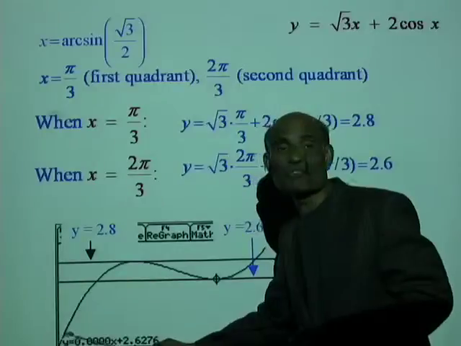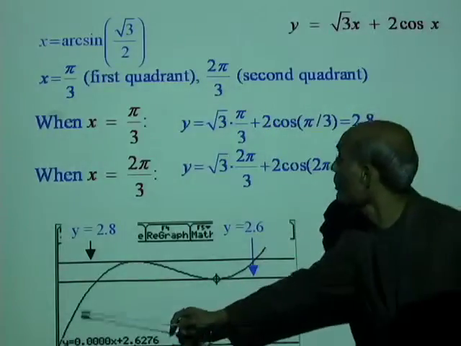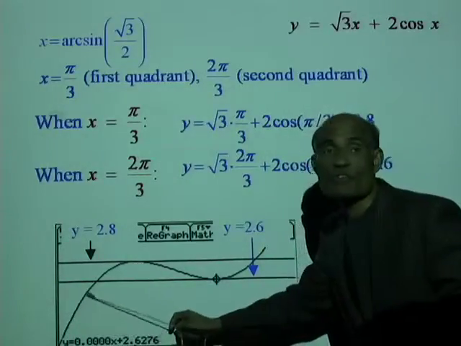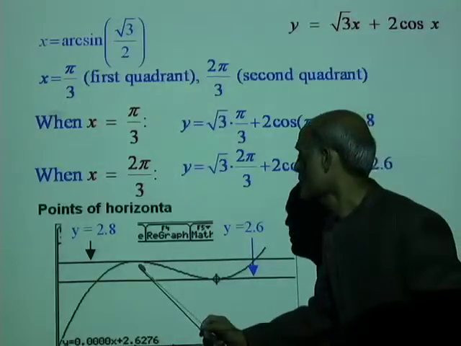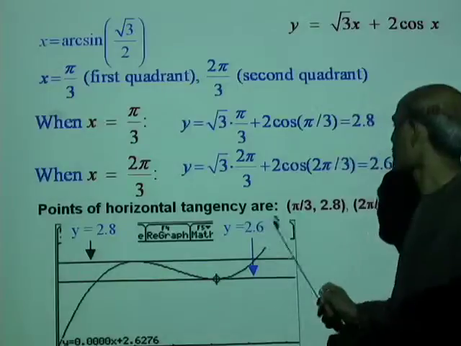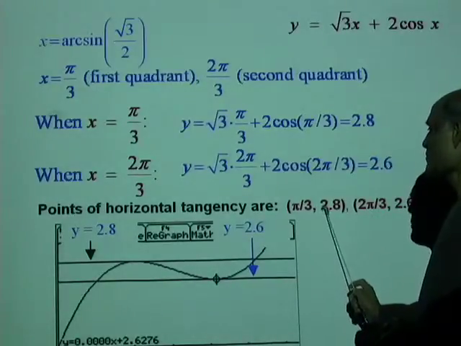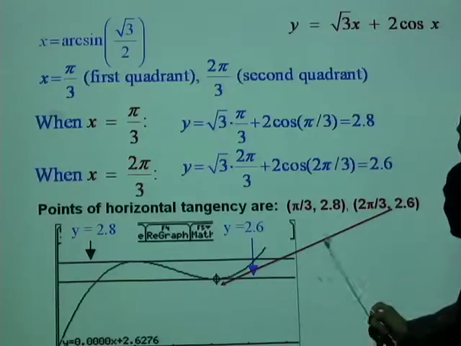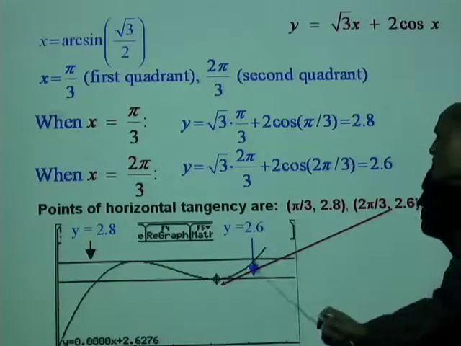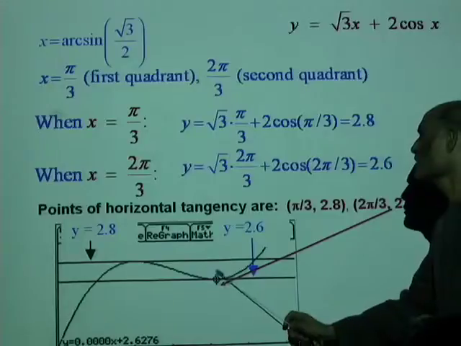Now look at the graph of this function. This is the graph of y equal to square root 3 x plus 2 cos x. And points of horizontal tangency are pi by 3, 2.8. Now, this is the point 2 pi by 3, 2.6.